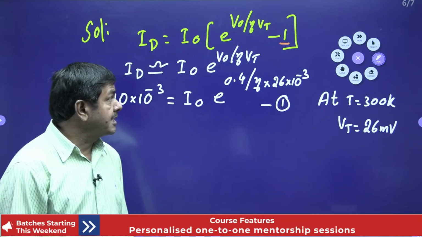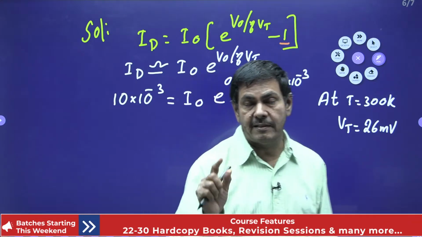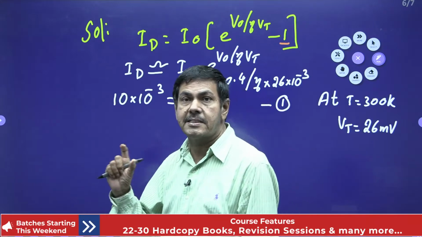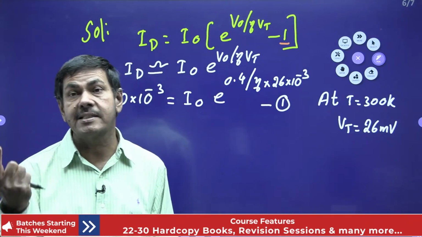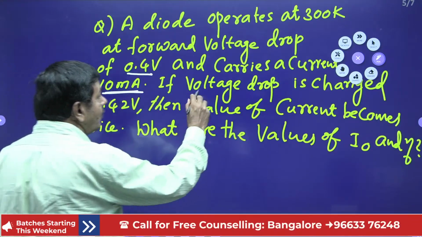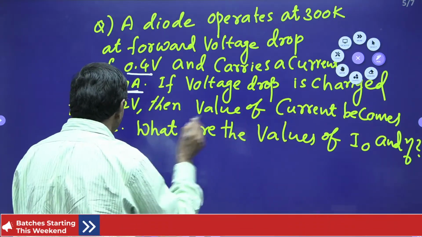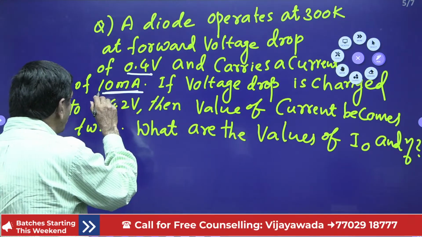But in the problem it is given that when the voltage across the barrier is changed, the diode current becomes twice. You check it here. The voltage drop is changed to 0.42 volts, and the current becomes twice, which means 20 milliamperes.